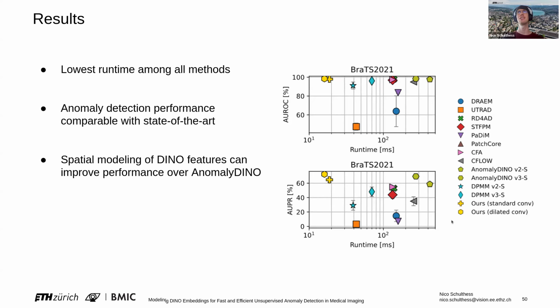For the other datasets, there is sometimes a slight performance decrease compared to Anomaly DINO. However, it performs at a very high accuracy level compared to Anomaly DINO and at a much, much smaller runtime. So this means that spatial modeling of the DINO features can, at least in some cases, improve the performance over Anomaly DINO, and generally helps to train a very lightweight and efficient model.